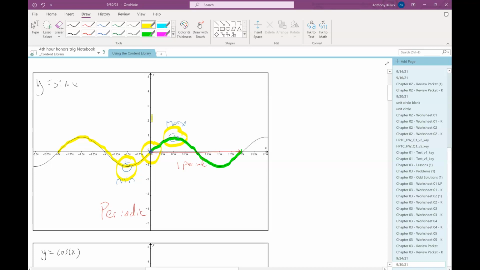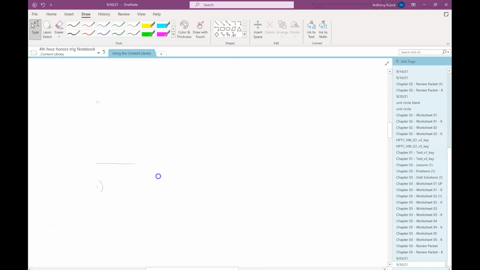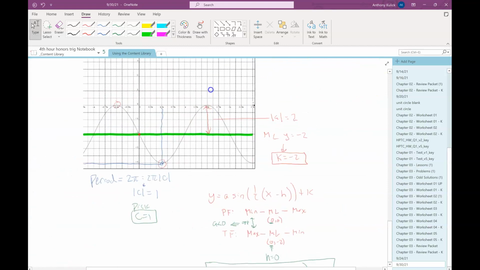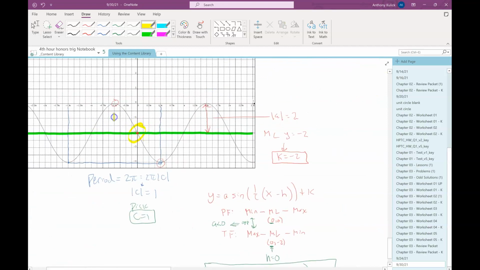So that's min, midline, max, if I'm just reading from left to right. Is that cool? Yeah. Okay, and if I look at our graph with our transformed function, using this point, which is 0, -2, before it was a maximum and after it was a minimum. So that's how I figured it out by looking at the picture.